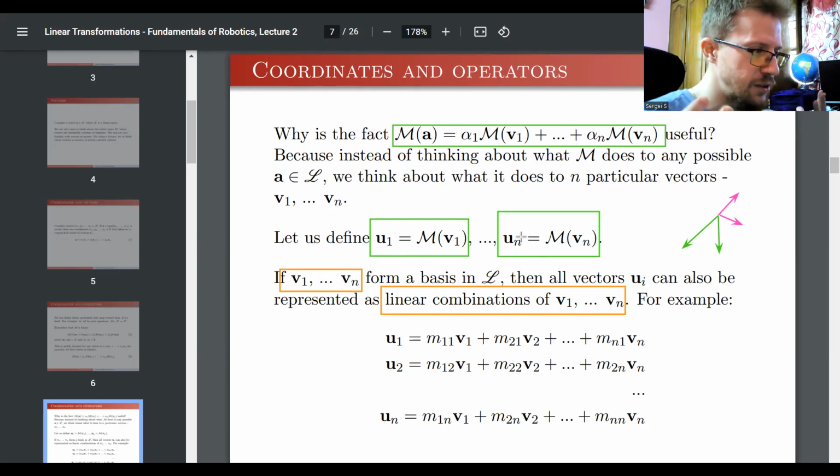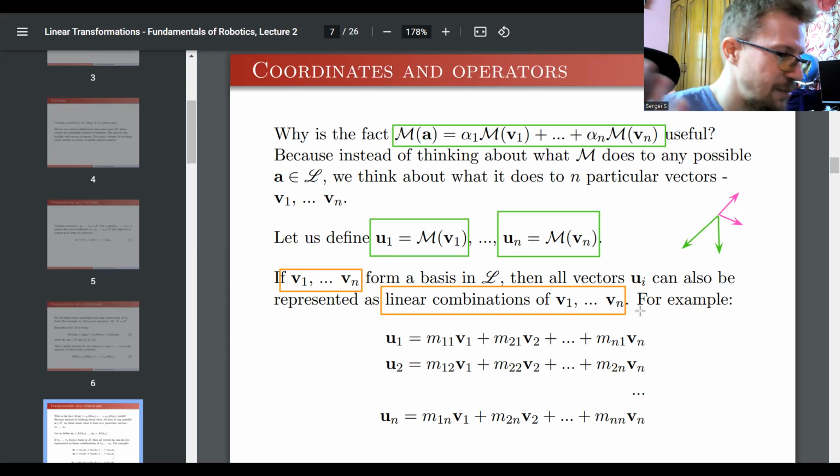The vectors are still inside the same linear space. So those vectors that you get, U1 to Un, can of course be represented in terms of V1 to Vn, because V1 to Vn form a basis.